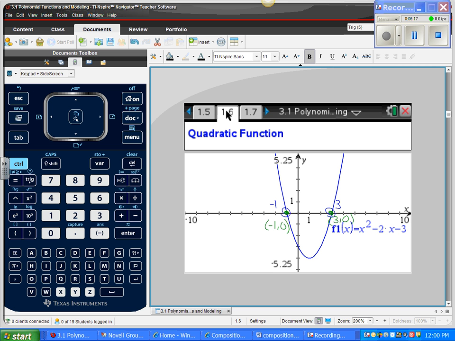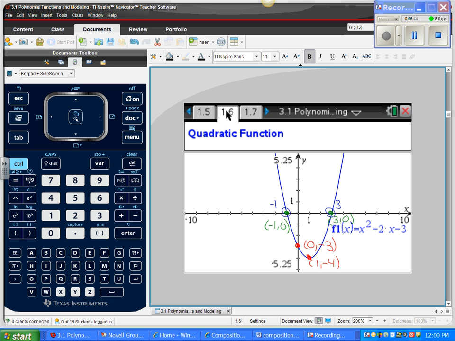Our y-intercept is where it crosses through the y-axis, and that's the point 0, -3. Okay. Minimum, our minimum point, right? Minimum point looks to be right here. That minimum point is 1, -4.